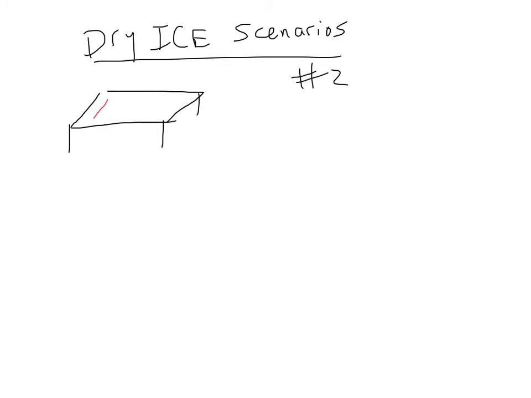Scenario 2, we have the dry ice here, and it's actually moving with a constant velocity across the table. So, constant velocity is what it was doing in class. So, if we look at the motion map, I guess I'll start with the motion map this time.